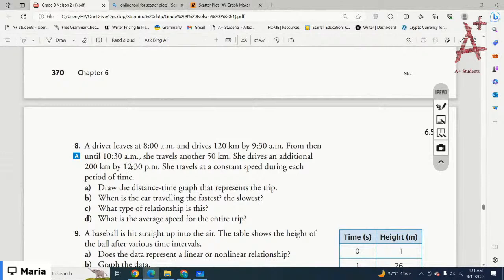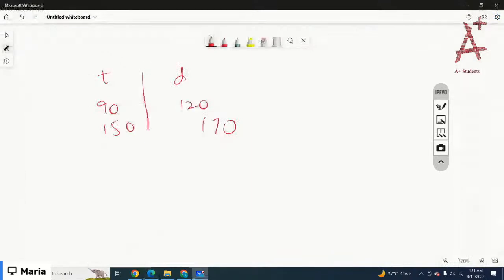So from 10:30 to 12:30, it is 2 hours. And 2 hours means you have to add 60 plus 60, 120, and 150 plus 120 is 270, and the distance is another 200. So 170 plus 200 is 370. That is the values, right?